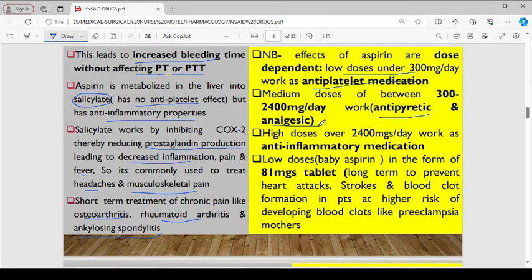Lastly, if you give higher dosages of over 2400 milligrams per day, then in that case aspirin will act as anti-inflammatory medication.